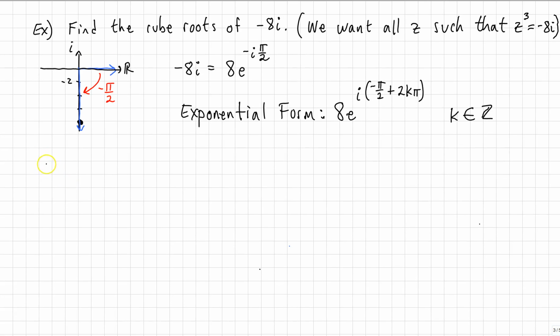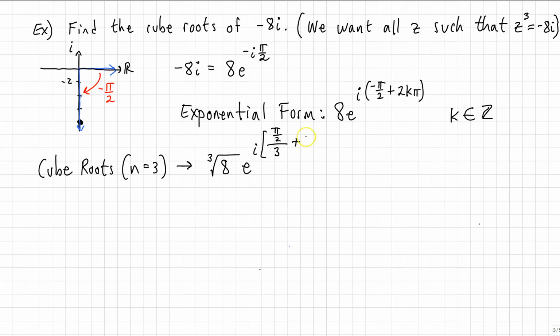So our cube roots, where n equals 3, are going to come from the cube root of r, which was 8, times e to the i times negative pi over 2 divided by 3 plus 2k pi divided by 3.